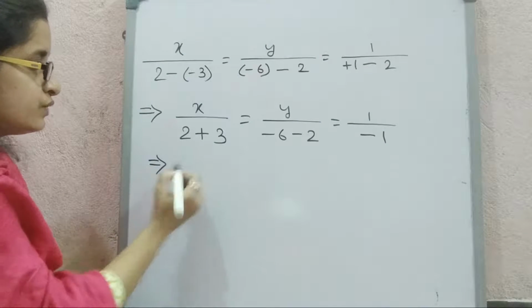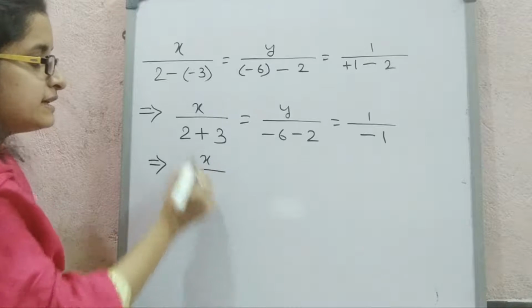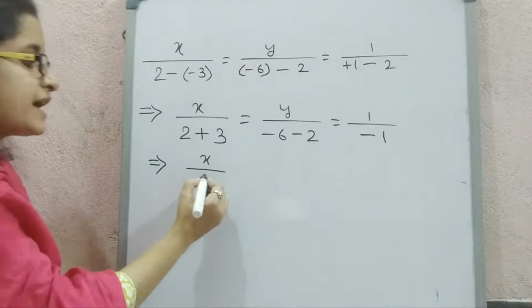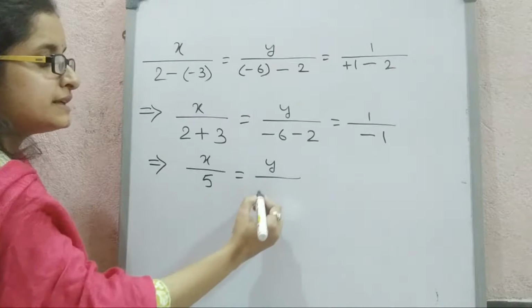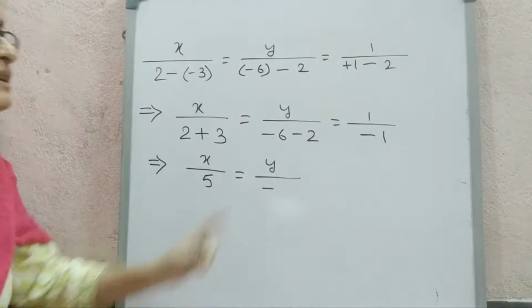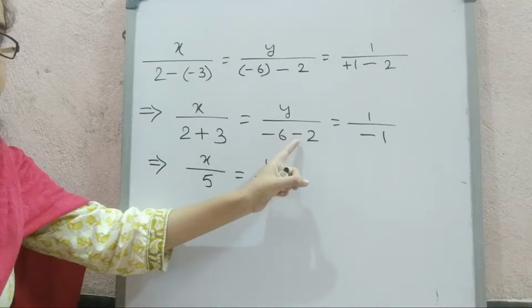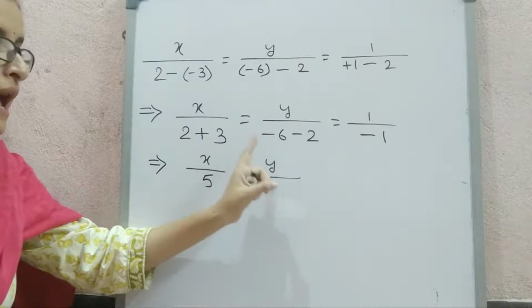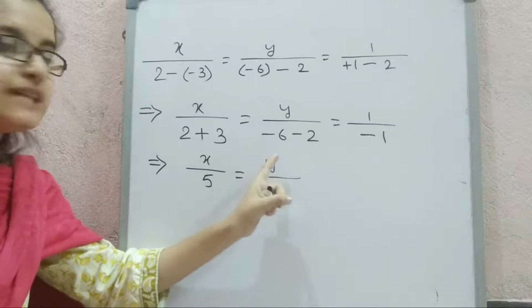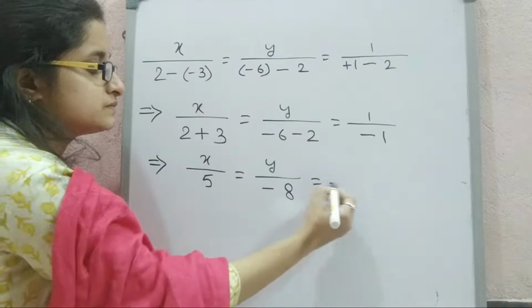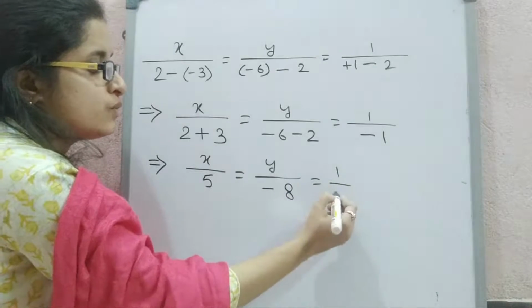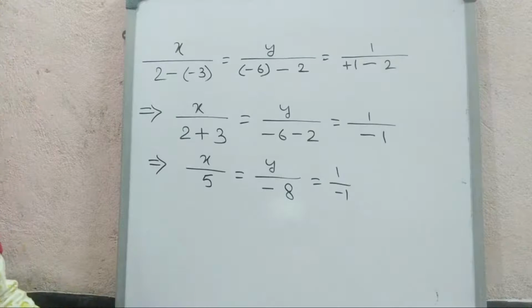Now we can write x by 5, 2 plus 3 is 5, is equal to y divided by, there are 2 minuses, so plus, we have to do plus and the sign will be minus because the greater number is 8. 1 divided by minus 1. Understand my point?